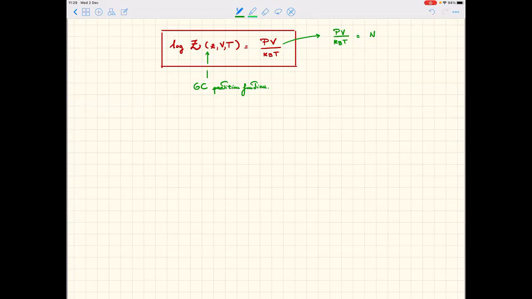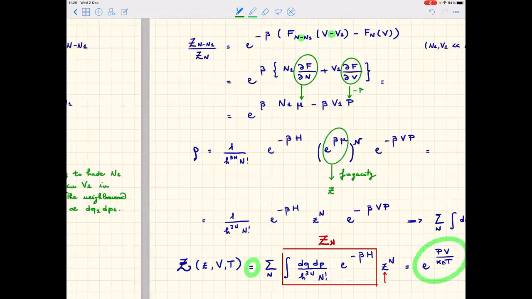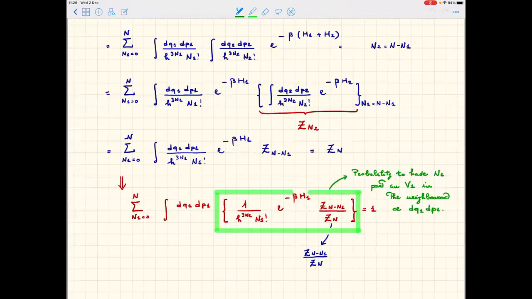So my question actually is how do you get the rho, and how from rho you get the partition function? Well, the rho, I defined it here, right? So here I said, from this expression, if I divide everything by Zn, I get that the sum and the integral of this stuff is equal to 1.